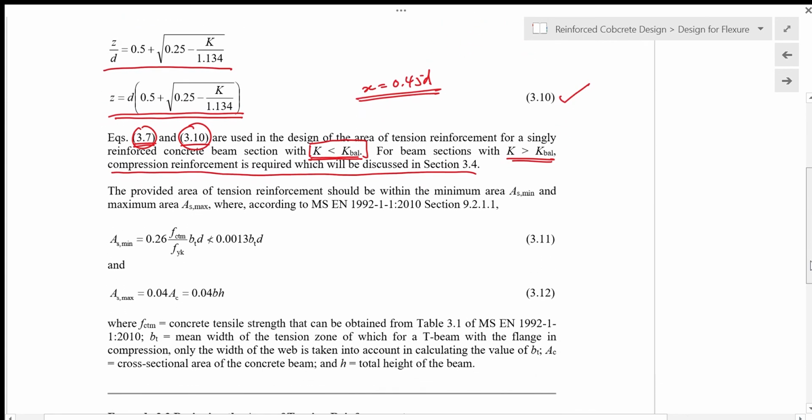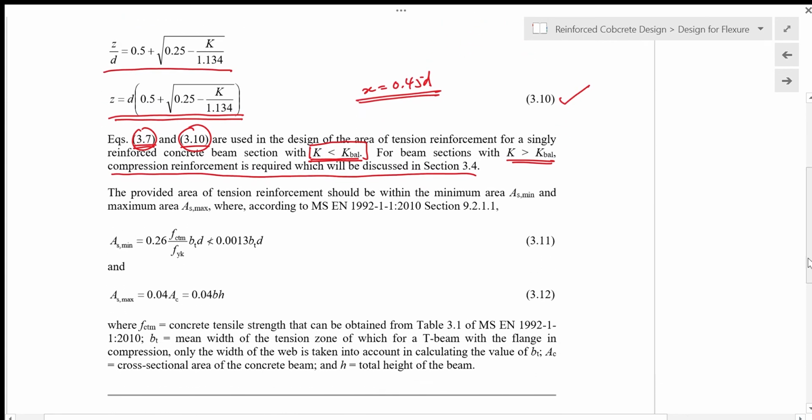And then to provide the area of tension reinforcement, the reinforcement should be within the minimum area and the maximum area. So you refer to Eurocode 2 section 9.2.1.1. Then you will be given an equation for As minimum, where you need to find FCTM.